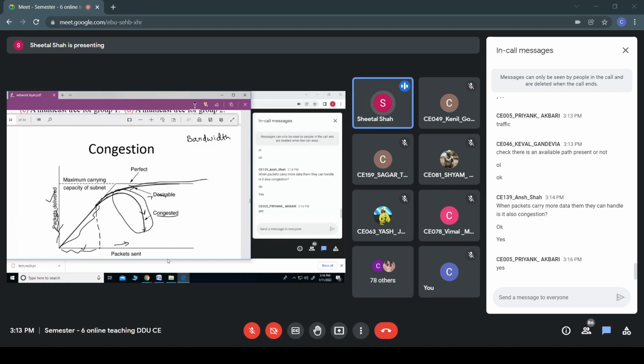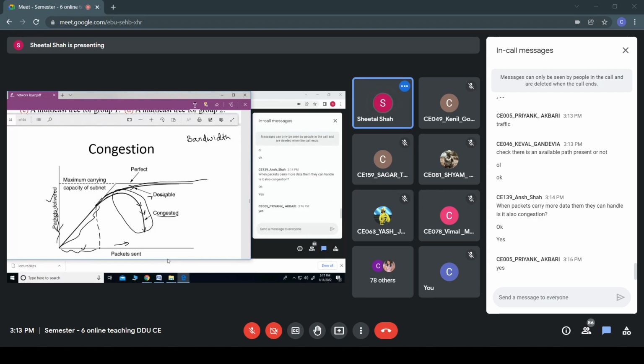Then, any other reason? Say suppose already the traffic is more and some more vehicles are still on the way. I mean, they have poured in, then what happens? They'll crash and collide with one another and so on, isn't it? So if you still increase the number of packets, the congestion would still grow.